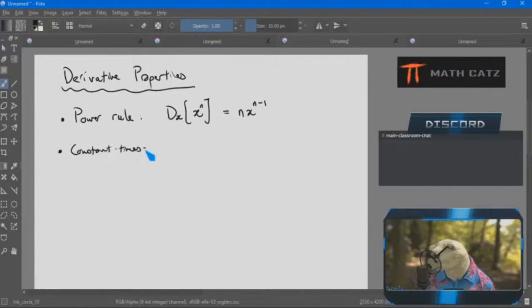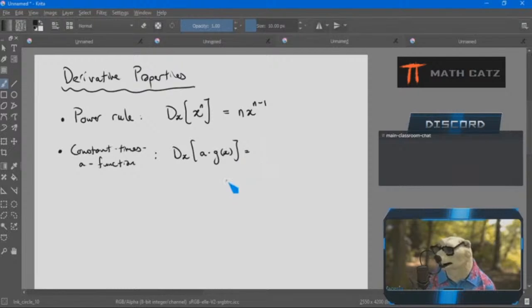So I will call this the constant times a function property. It doesn't have a very nice name. I just made it up. I have a constant times a function. I'll call it the constant times a function property. I know it's not very original. I'm sorry.